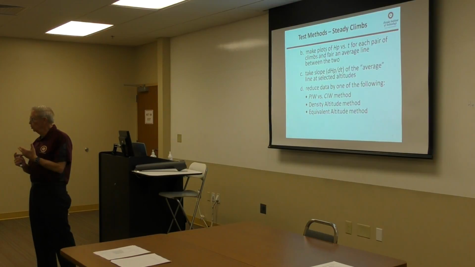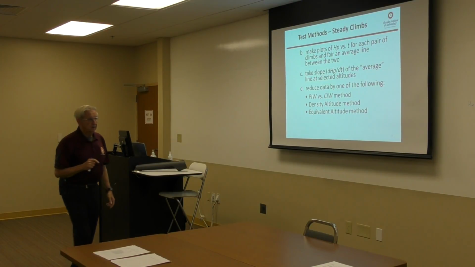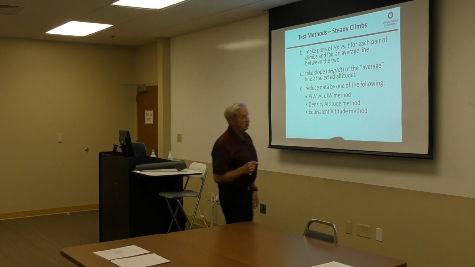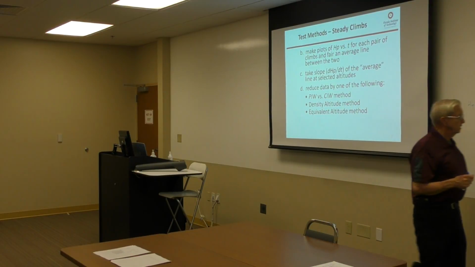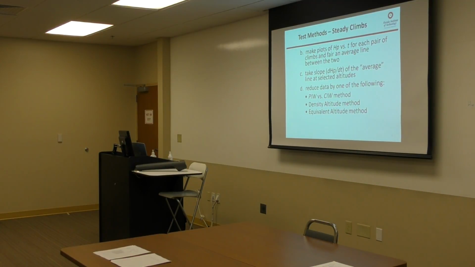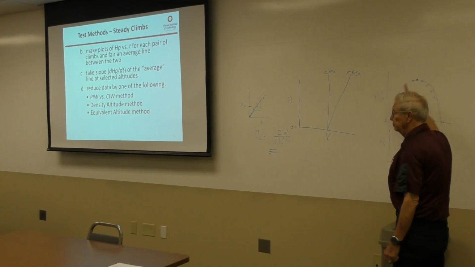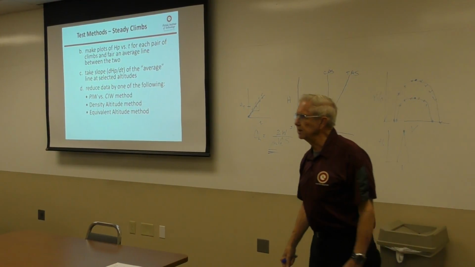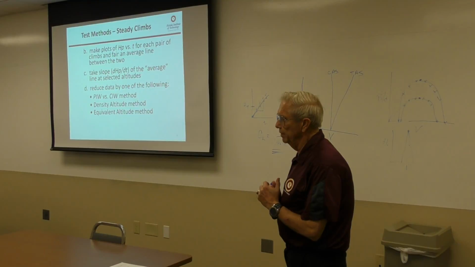It only assumes that the best rate of climb speed here is pretty constant. And as you saw on that graph that I showed you for a real airplane, it is. So the best rate of climb speed is fairly constant with altitude on a propeller-driven airplane.